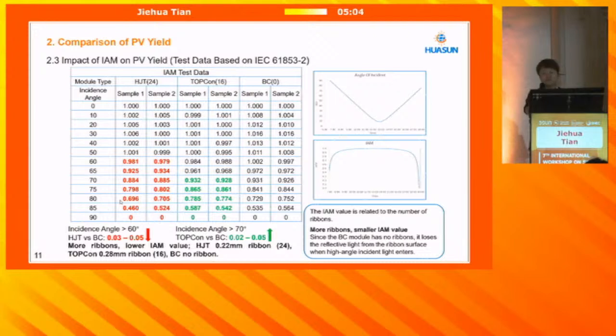So the IAM of TOPCon has the most losses. BC has no ribbons on the front side. It loses the reflected light from the rear surface at large incident angles. So BC is not doing better.